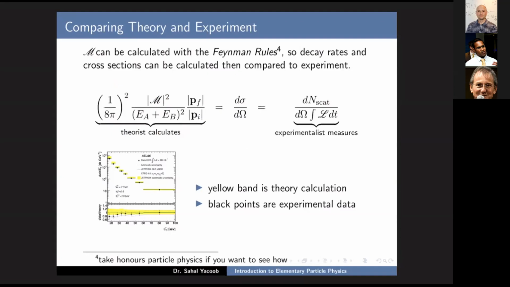But once you do that once, that's it. It's done. For all 2-to-2 decays, this is the expression. And then the details between looking at different integrals are in this element M. So we calculate probabilities from theory. We measure number of events, and then we can combine them.